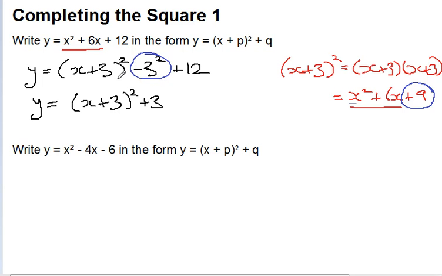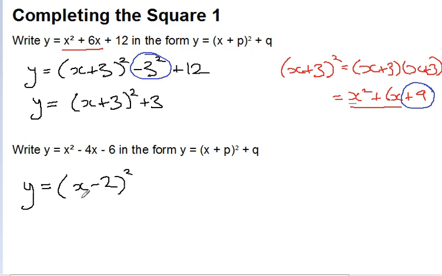Okay, I know I went through that quite quickly, so let's do another example and talk about that. So I've got this example here, x squared minus 4x minus 6, to put in completed the square format. So of course I start with my first step, which is to half the coefficient of x. So if I half minus 4, I get minus 2. So I know that's what I have to start with.